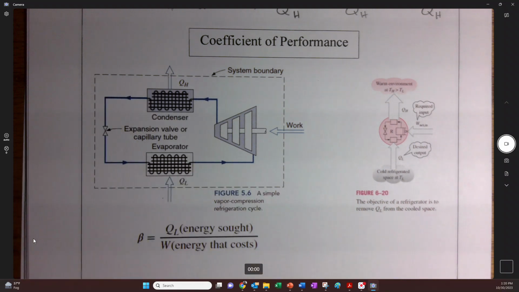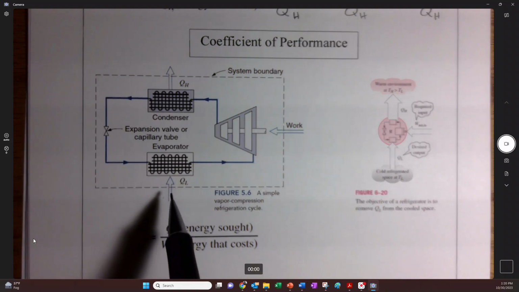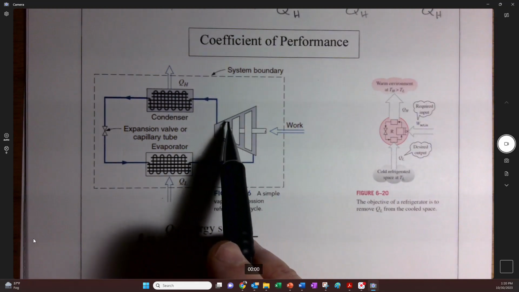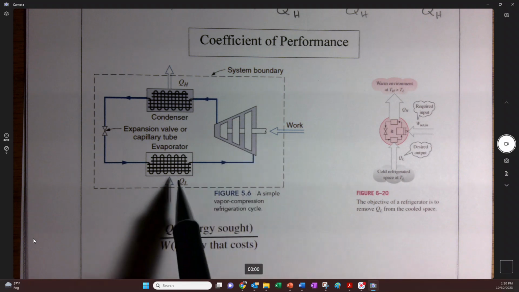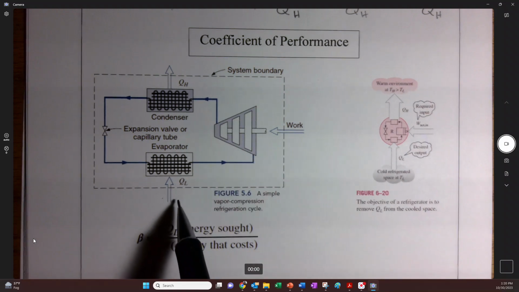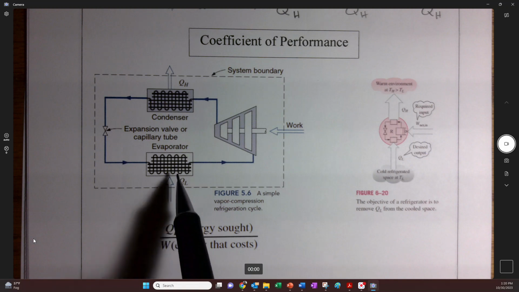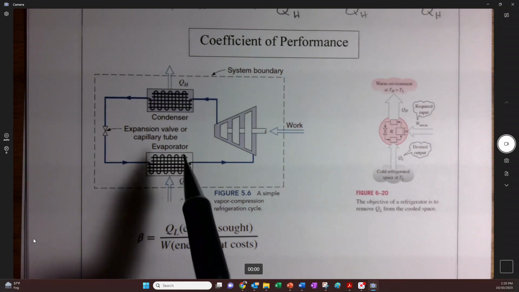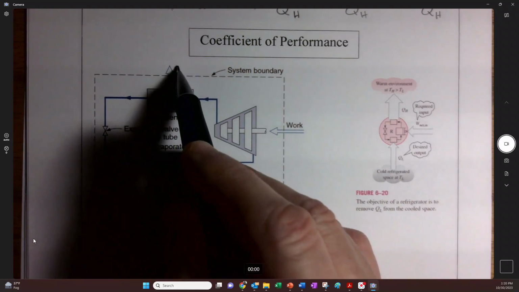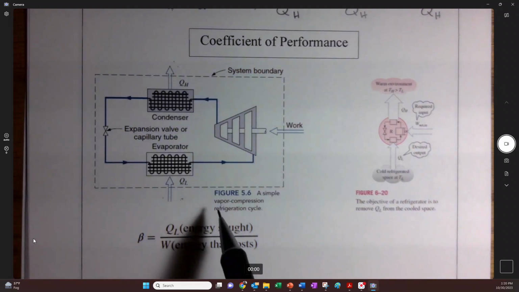And how do we do that? Well, we actually sort of trick it and introduce some work involved here, so that perhaps this is actually going to be a higher temperature than this. So heat flows into it. And then this is a higher temperature than this, so heat flows out of it, right?